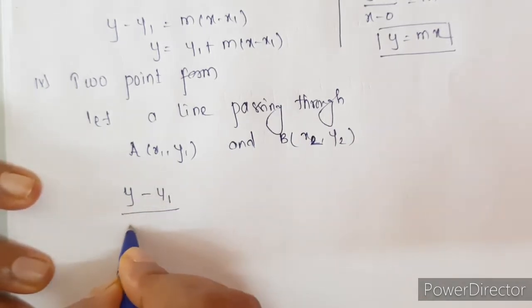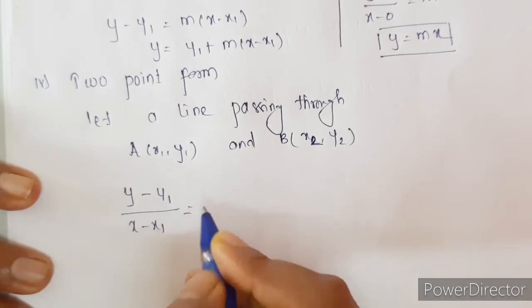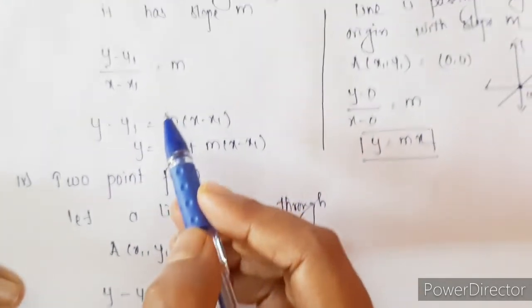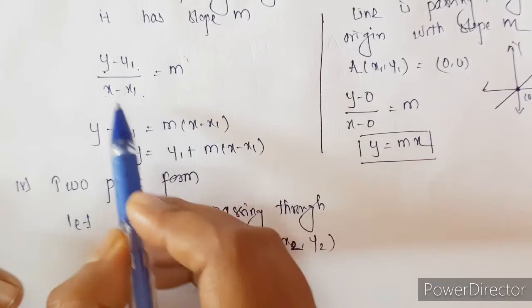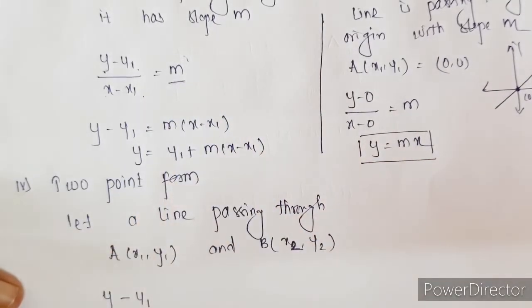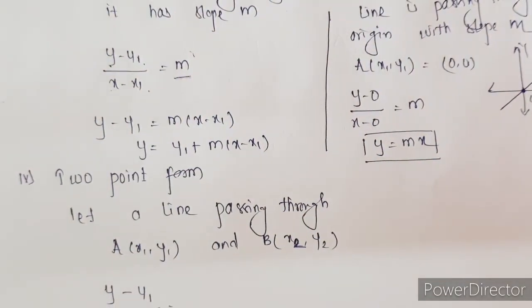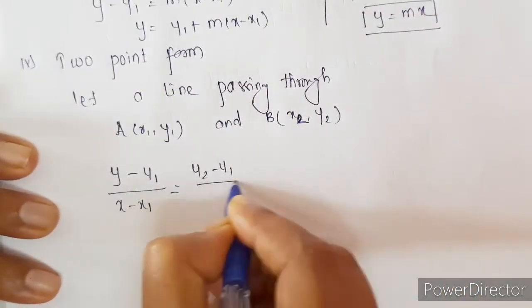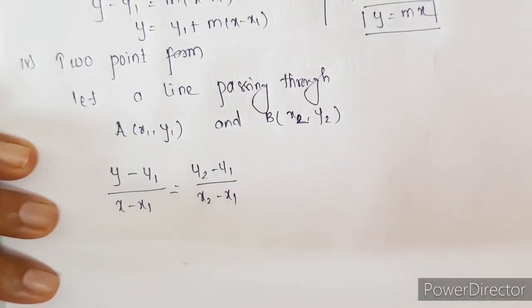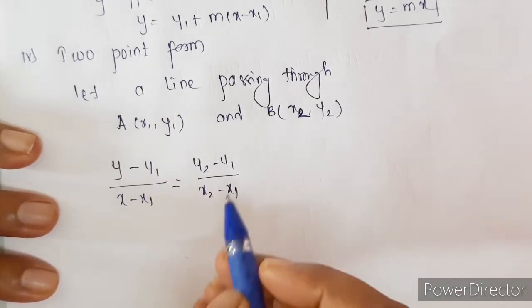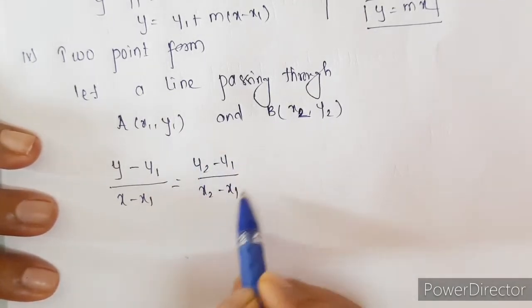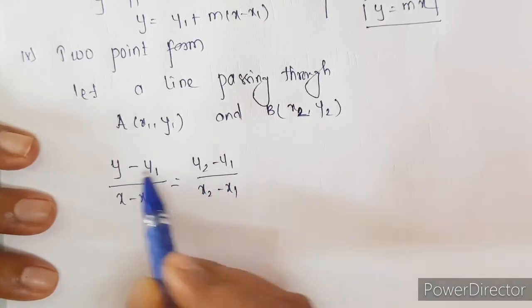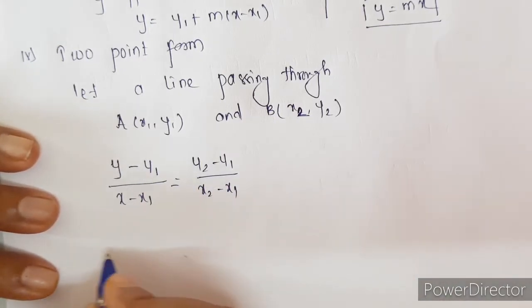So it will be y minus y1 upon x minus x1. Now instead of m, we are going to use the formula of slope, that is y2 minus y1 upon x2 minus x1. Again, we can first simplify this, get the slope and find the equation, or we can directly use this.